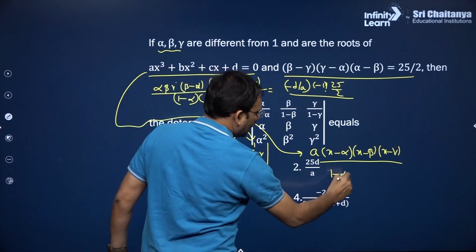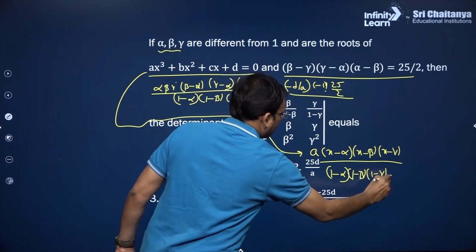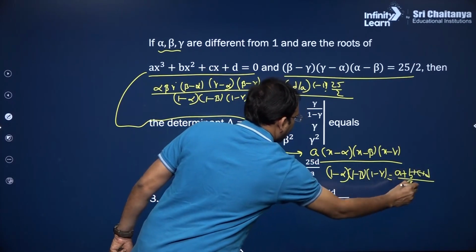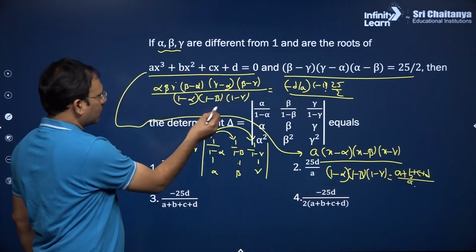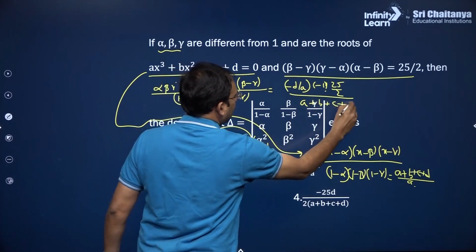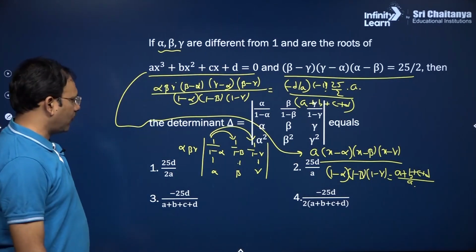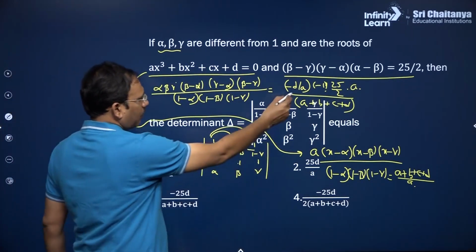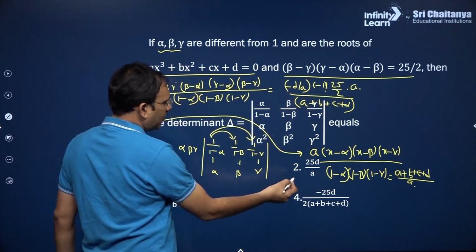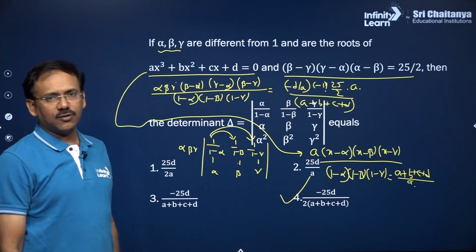So 1 minus alpha into 1 minus beta into 1 minus gamma is nothing but a plus b plus c plus d by a. So if you substitute all these values, you are going to get the answer finally: minus gets cancelled, a gets cancelled, 25d by 2 times a plus b plus c plus d. That's what you are going to get.